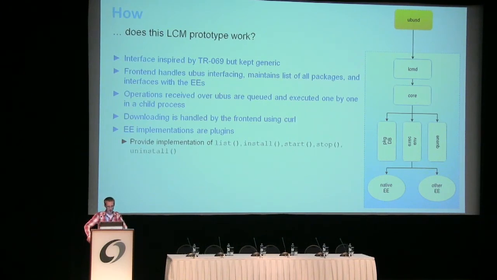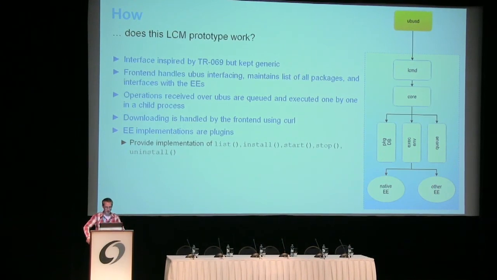And then the actual execution environments, they will do the heavy lifting of, okay, we have this package downloaded on the file system, and it was targeted at a certain EE. Okay, we hand it over to the EE for, do something with this, unpack it, whatever you need to do to install this on the system in whatever way that you are defined to handle.